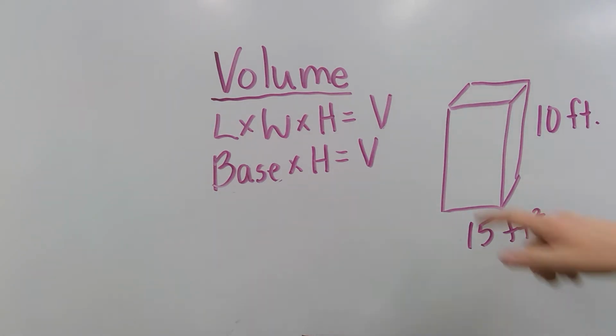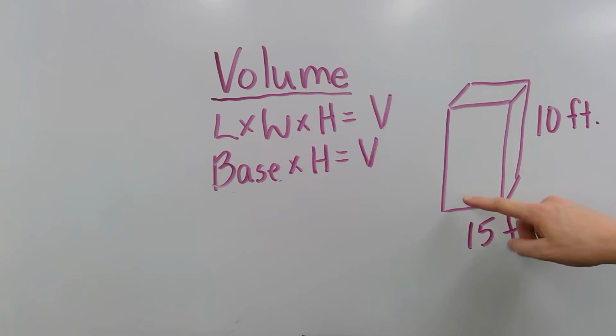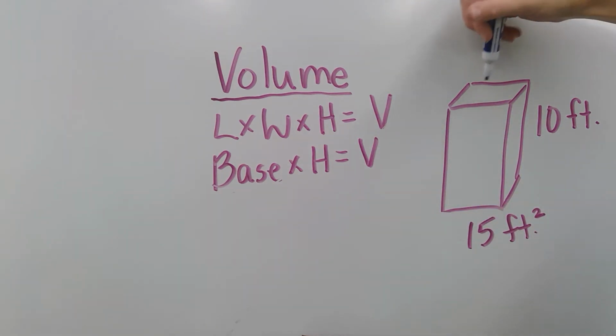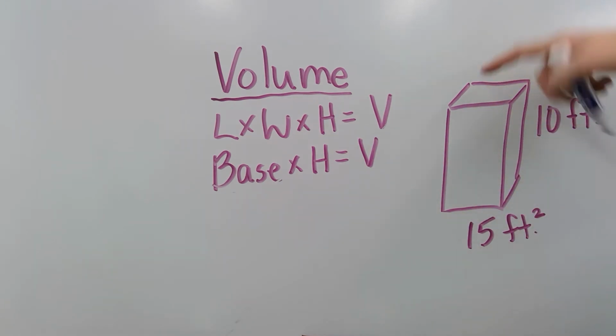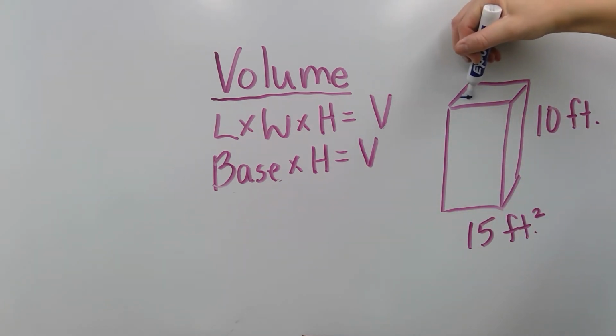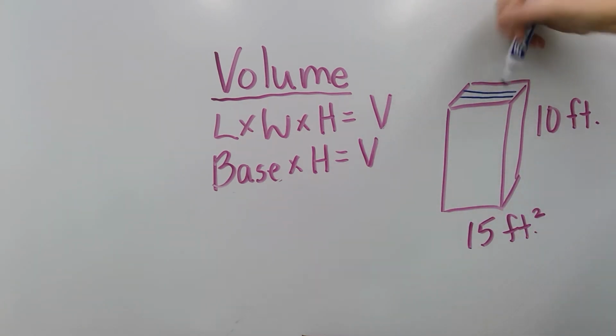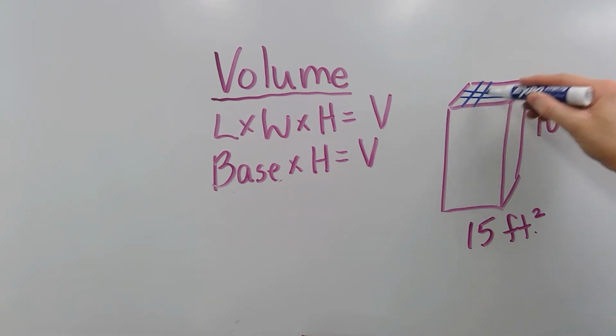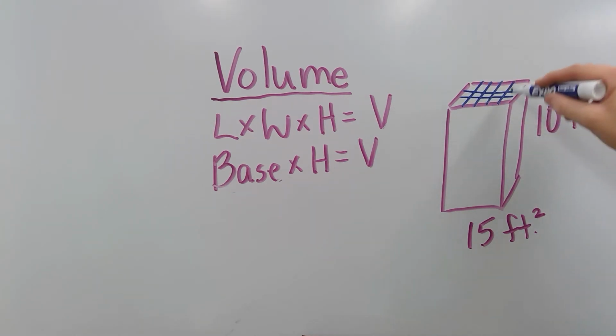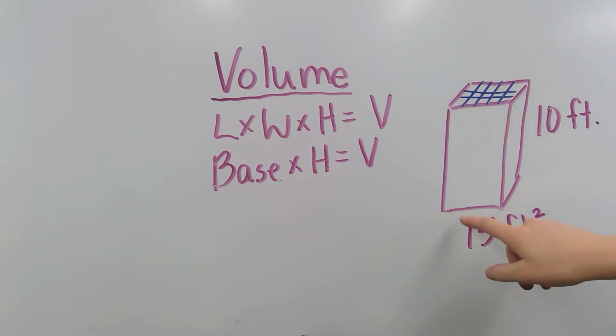That means that on the bottom of it, I can fit 15 squares. So I could show it to you on the top, because if there's 15 on the bottom, then there's 15 on the top. So there's 15 squares up there, and there would also be 15 down there.